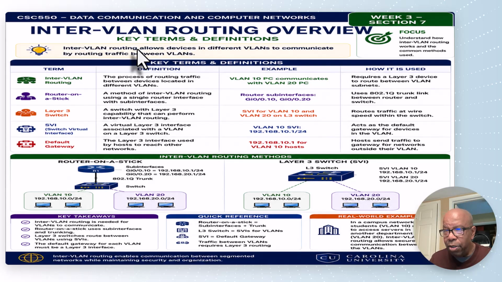So here's router on a stick, a method of inter-VLAN routing using a single router interface with sub-interfaces. Layer 3 switch, a switch with layer 3 capability that can perform inter-VLAN routing. And remember, we were talking about service layers. Go back and look at the OSI model, what layer 7 does, what layer 6 does, what layer 2 does.